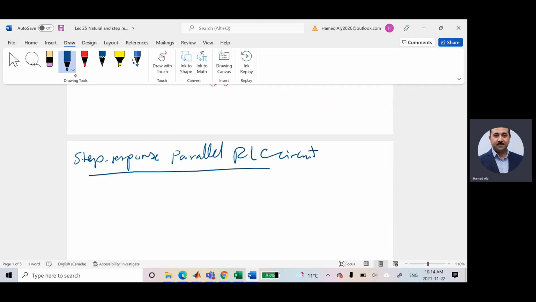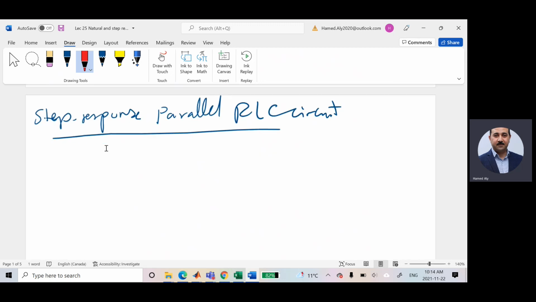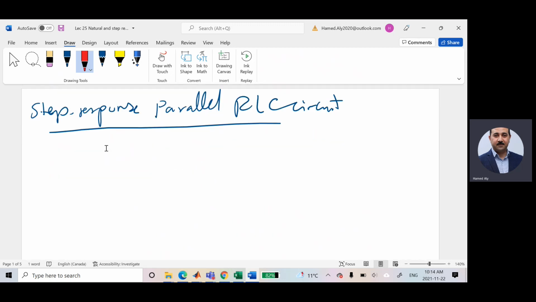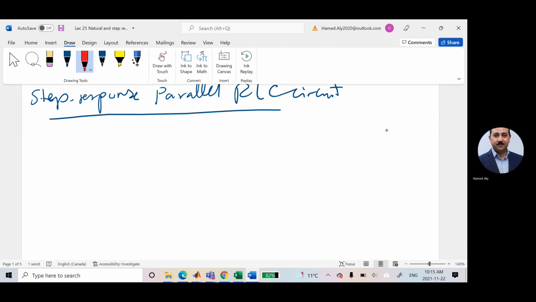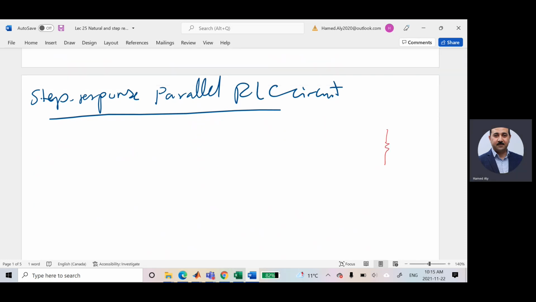So for a step response of a parallel RLC, my circuit looks like that. I have resistance, I have inductance, and I have capacitance, and this is IF, this is C.